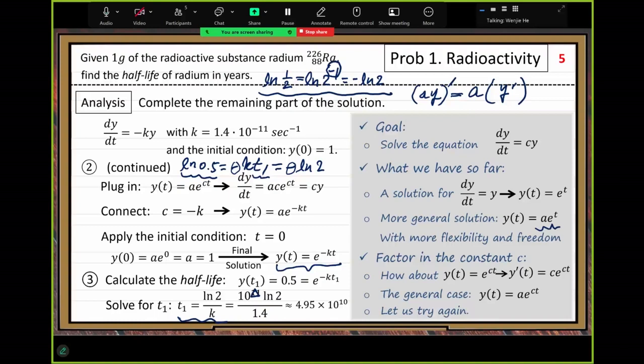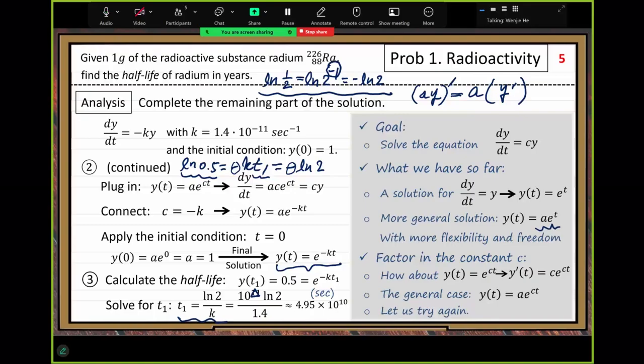Well, we spend so much time. So you find the answer, and the last step is to pay attention to the unit.